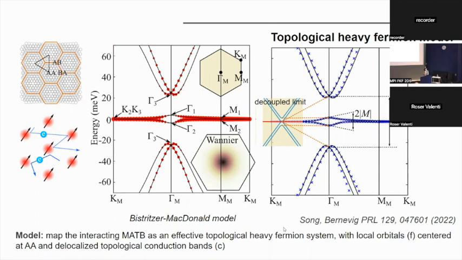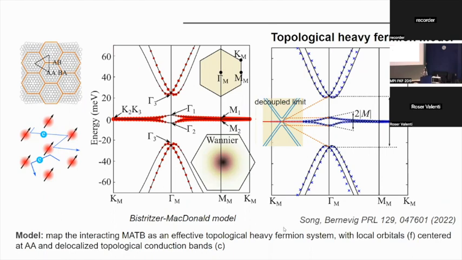The problem is that if you want to describe correlated physics, you need a lattice model. You need states that you can define as your localized states. The problem with this model is that you cannot do this transformation to a lattice state due to the topology.